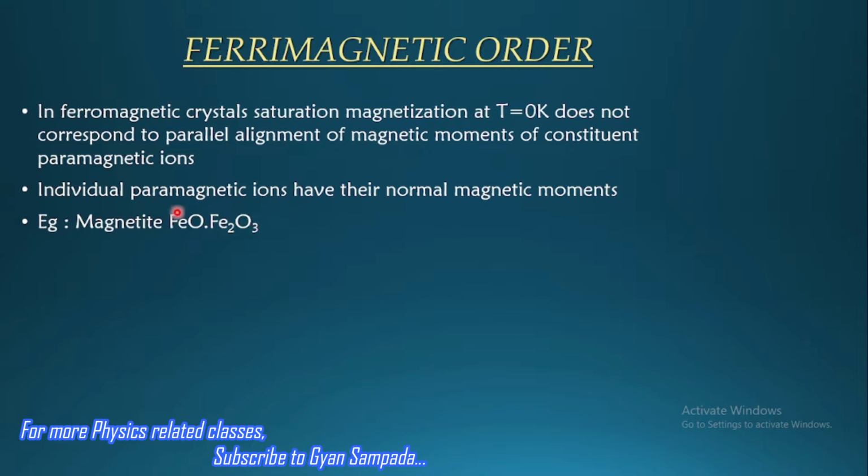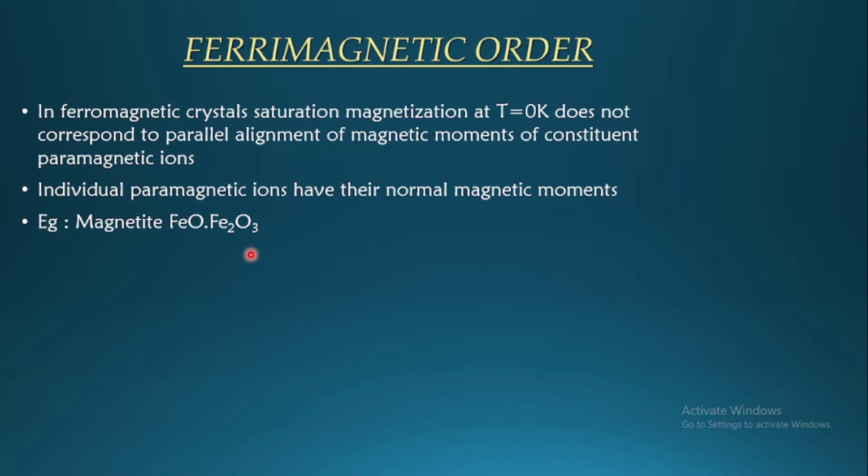Here we can observe that in magnetite both ferric and ferrous ions are present. Earlier magnetite was considered a ferromagnetic material, and now let us see whether it is a ferro or ferrimagnetic material. When we write it like this, we can understand that it has some speciality in its order.